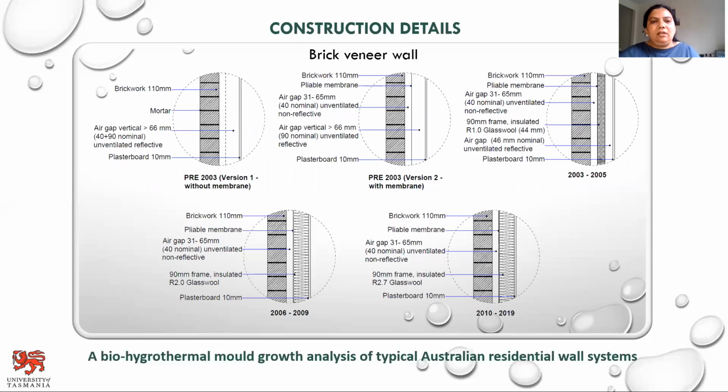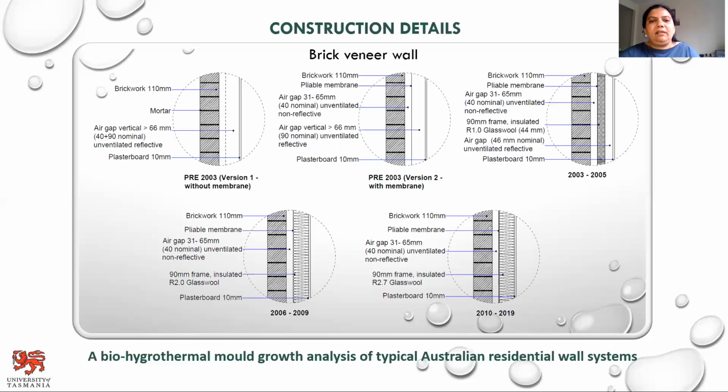This slide shows the wall sectional details as per the building regulations from pre-2003 to 2019. The first diagram shows pre-2003 version 1, which comprised brickwork, air gap, and plasterboard. Pre-2003 version 2 comprised brickwork and an addition of a pliable membrane, which could be a vapor permeable membrane or a vapor impermeable membrane.